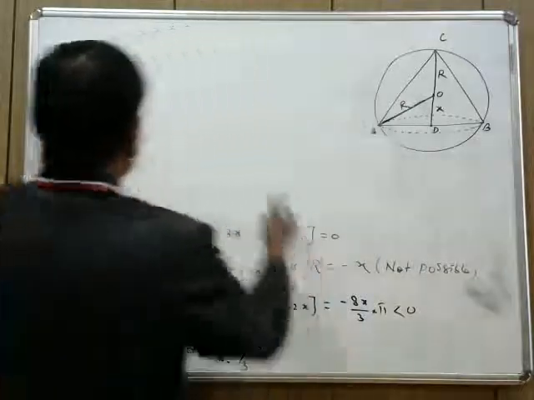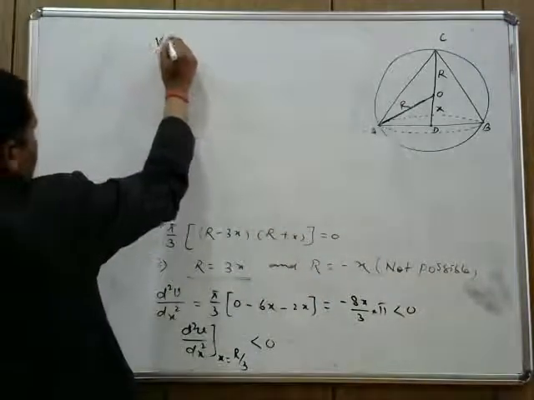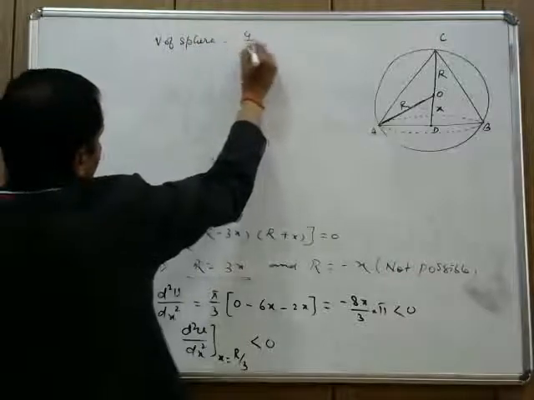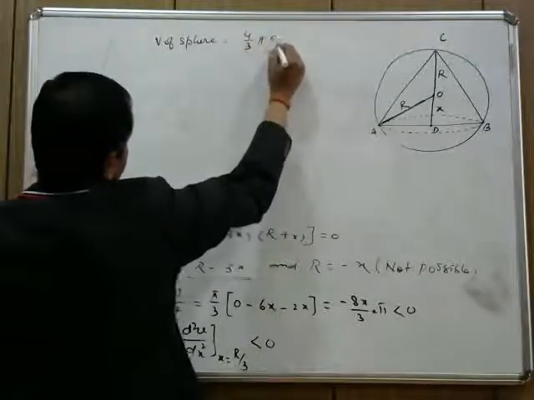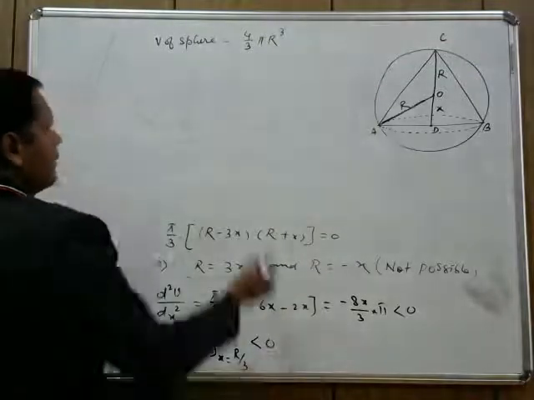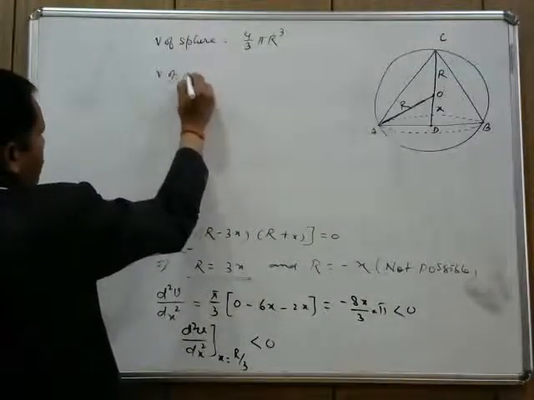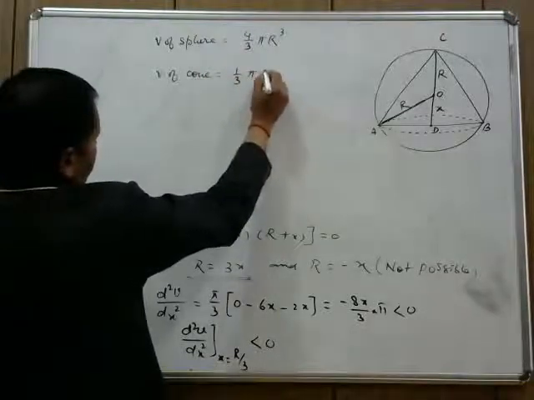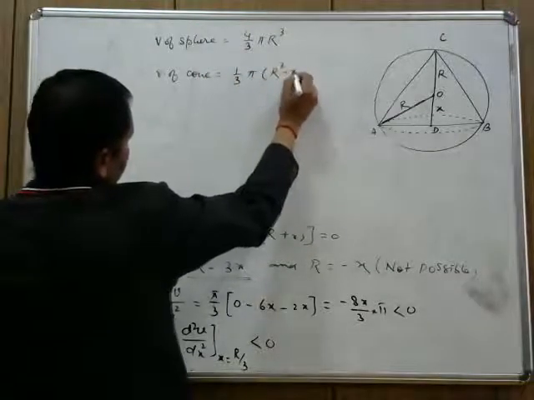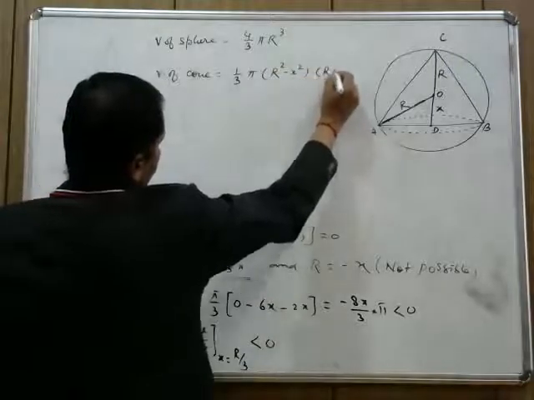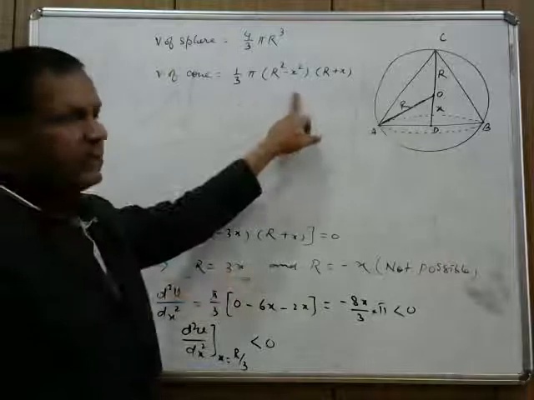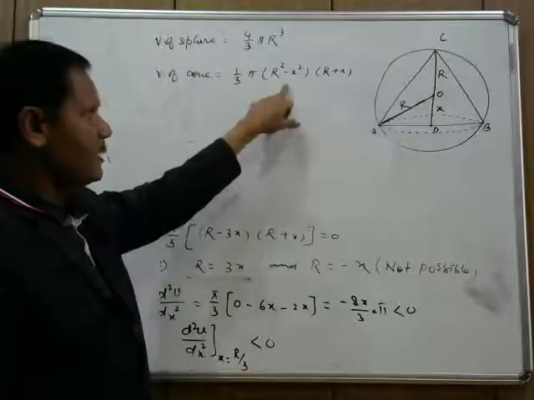You know that the volume of a sphere is equal to 4 by 3 pi r cube, right? And the volume of cone we have written there 1 by 3 pi r square minus x square into r plus x. Am I right? Initially we have written that the volume is pi r square into h.